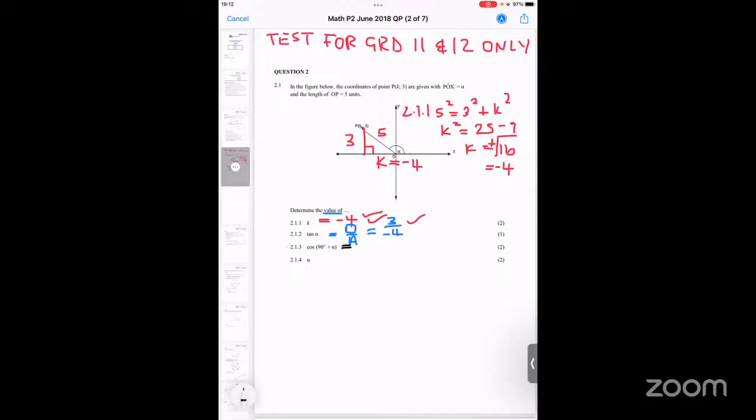So that means we are having negative sine alpha. I agree with you on that one, honorable member. Okay, and then from there? Then we are going to have y over r. Then we are going to substitute it as y over 3, r 5. So 3 over 5. So the answer is 3 over 5.